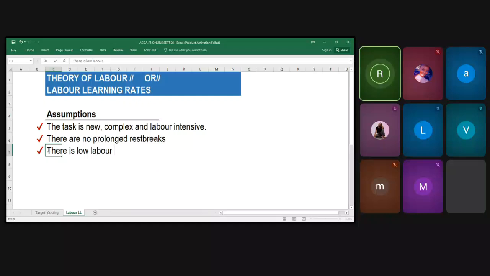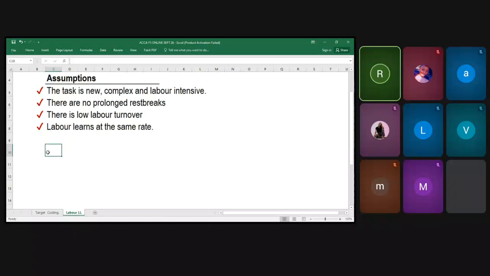There are no high hirings and firings. Another assumption of labor learning rates is that labor learns at the same rate. If we are people who are learning, we are learning at the same rate. These are the assumptions of the labor learning rate.